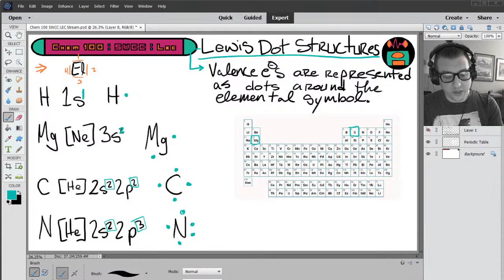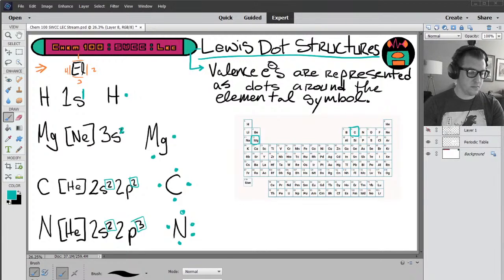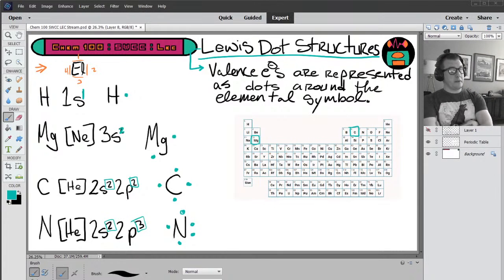That is a great question. You actually don't have to worry about it, because on the exam, the electron configuration questions are not free response.